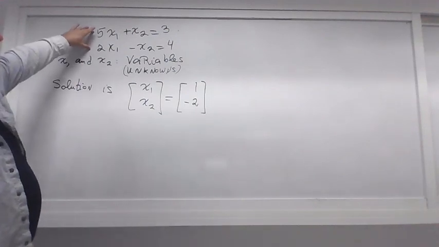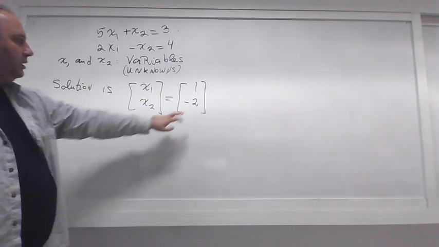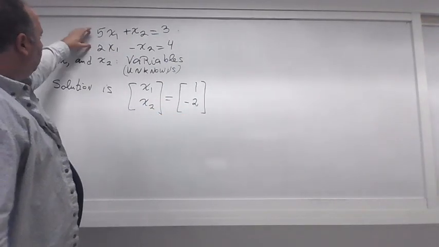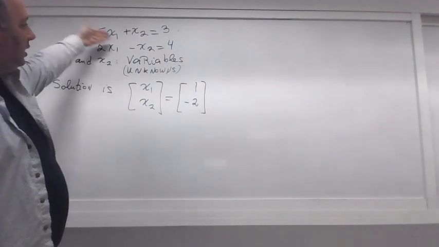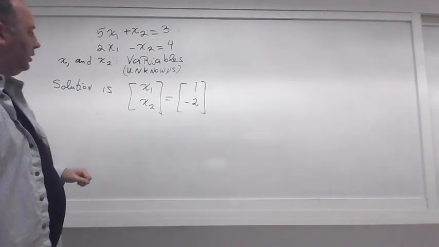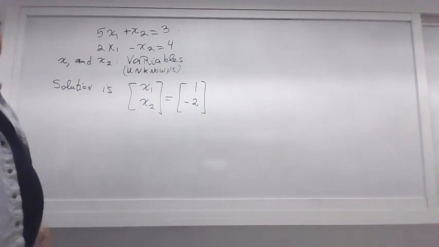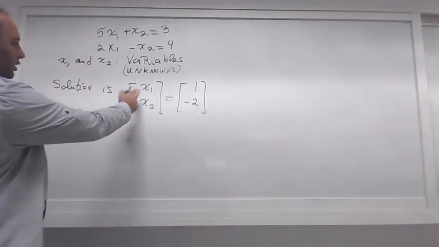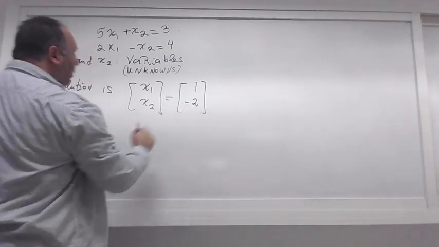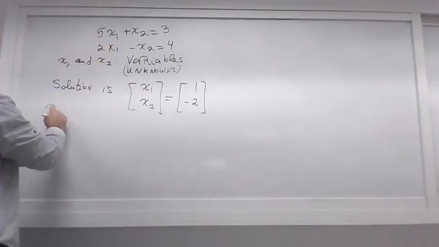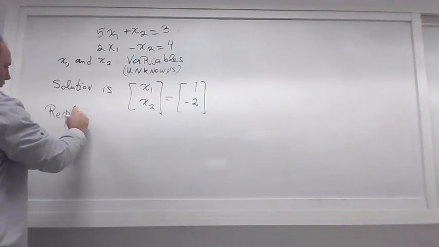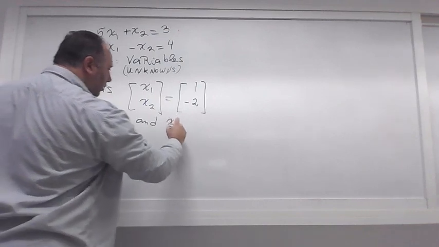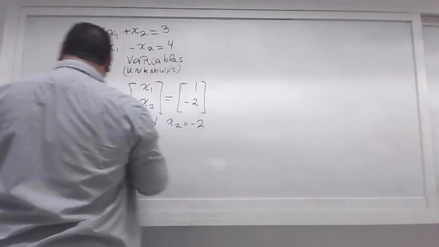So this is a linear system. Somebody pretends that this is a solution. How can I know? Well, I need to plug it into each equation and see, when I plug this vector in, if it satisfies both equations at the same time. So if I replace x1 by 1 and x2 by minus 2 in equation 1, that's what we need to do.